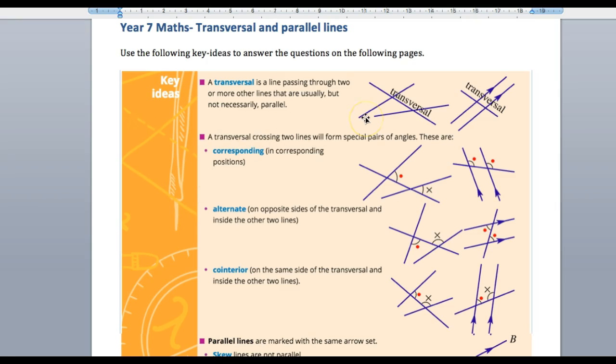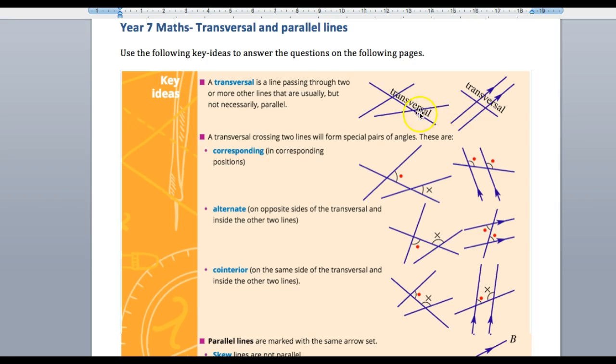Now, just quickly with these definitions, a transversal is any line that crosses two or more lines. So most of the examples we're going to look at, the transversal line crosses parallel lines. So you can see here, the transversal line is here, and then you've got two parallel lines. Where this one here it's crossing two lines, but these lines aren't parallel.